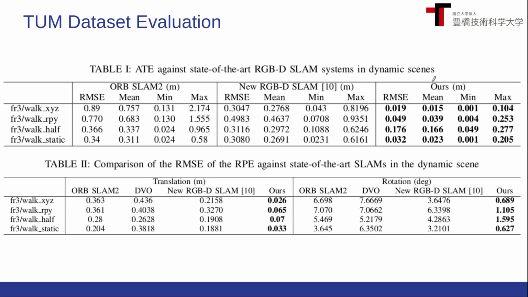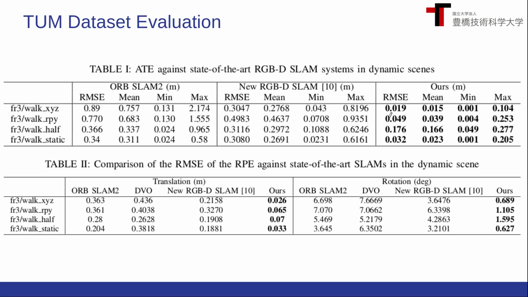We compared our algorithm with a similar proposal, a new RGB-D SLAM, and ORB-SLAM2. We compared absolute tracking error and relative pose error.